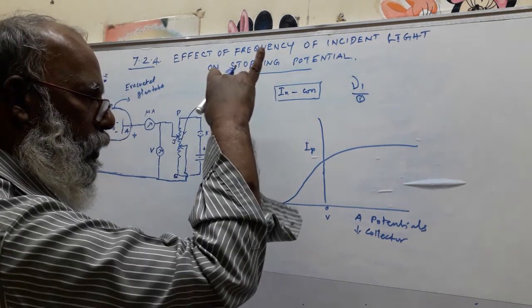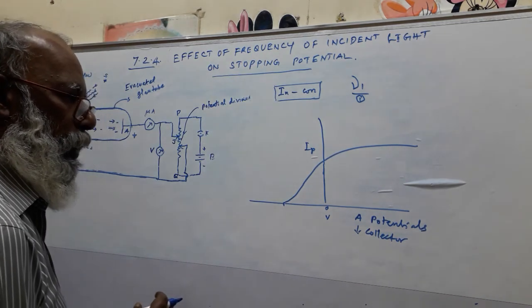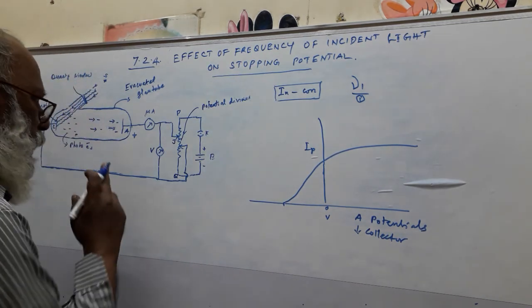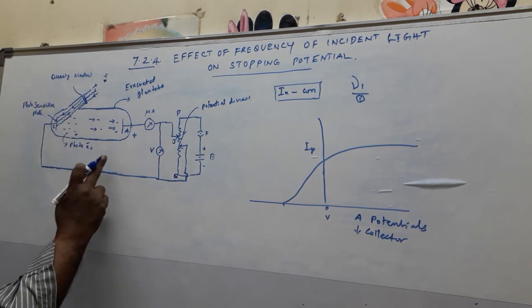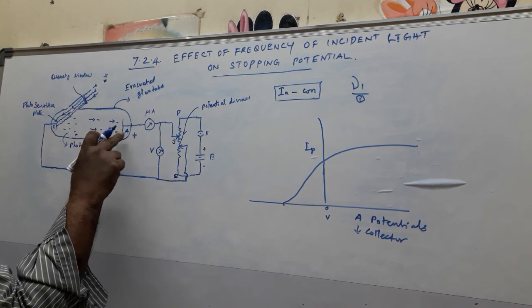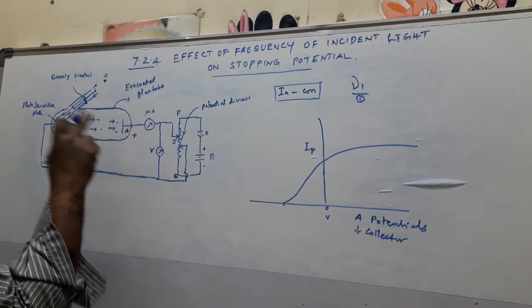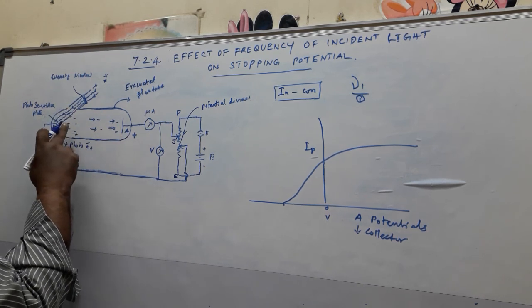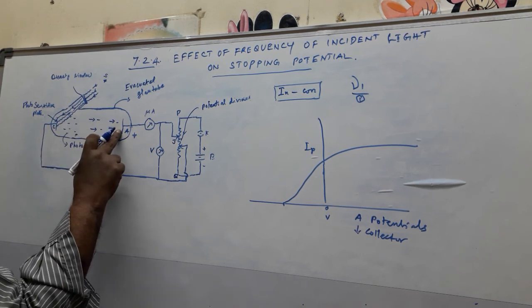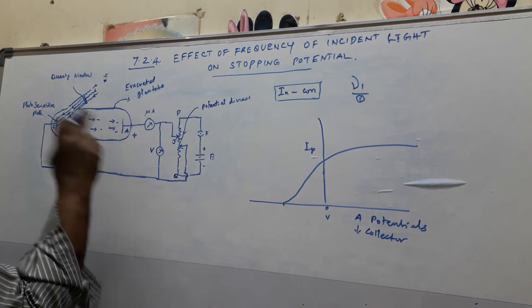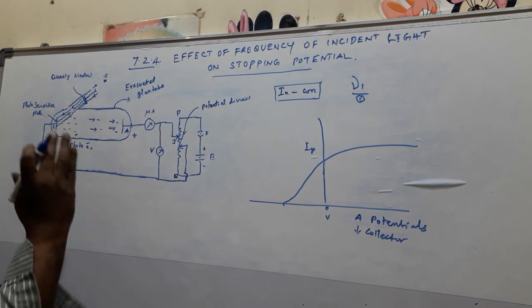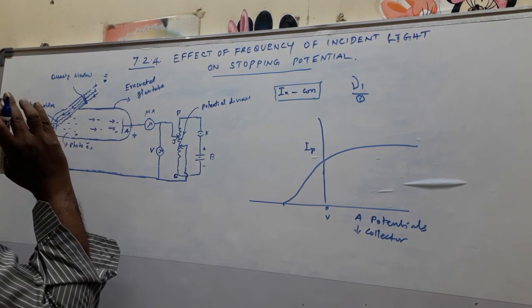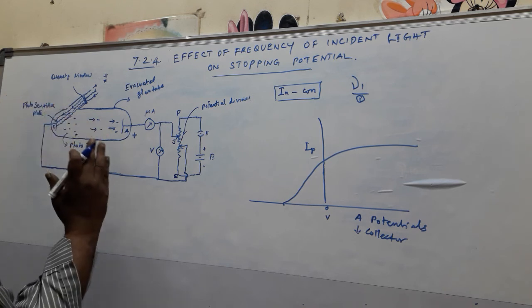In the prior concept we already explained, if the electron possesses more energy, even though the anode will not allow the free electron to enter this terminal, for that we have to spend some amount of work to overcome it.